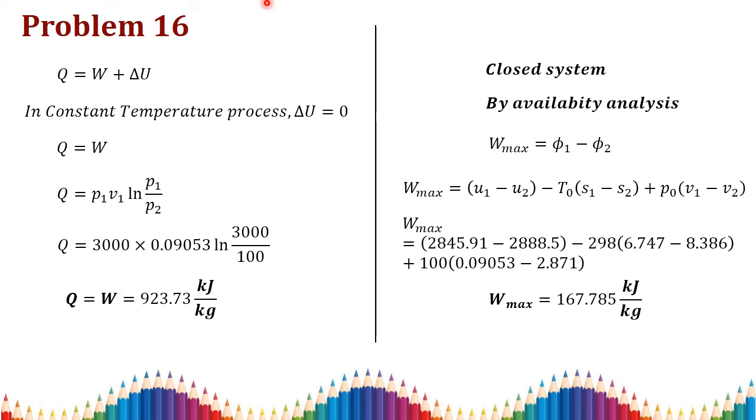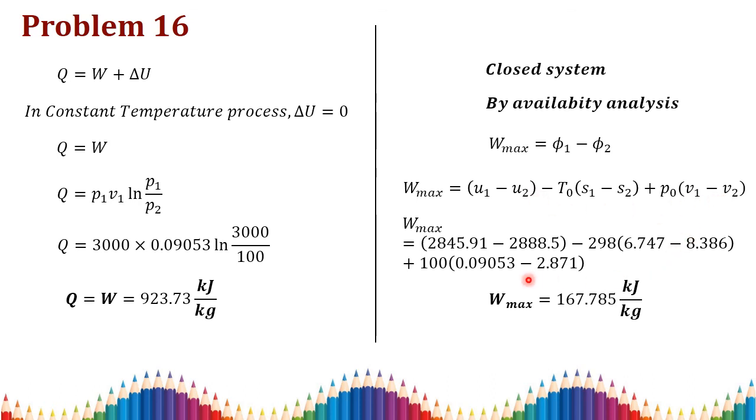But this is the work, and we need to find the maximum work. For that we go for availability analysis. Since it is a closed system, we can take W max equal to phi1 minus phi2. This formula can be written as W max equal to U1 minus U2 minus T0 into S1 minus S2 plus P0 into V1 minus V2. Here we have to consider the ambient conditions also.